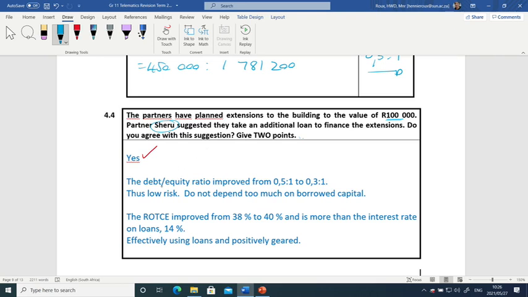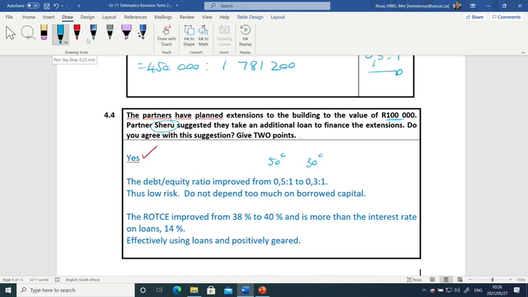The first one, the debt-equity ratio, has improved. Remember I said the first thing is you compare with the previous year. It was 0.5 to 0.3. So the previous year, they borrowed 50 cents for every 1 rand own capital. Now we only borrow 30 cents for every 1 rand own capital. So that's low risk, and we don't depend too much on borrowed capital.